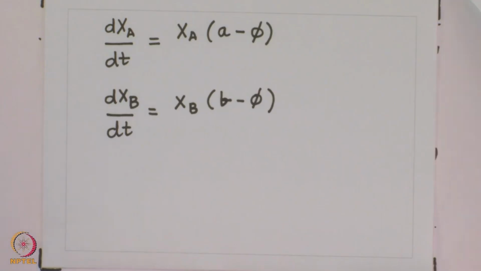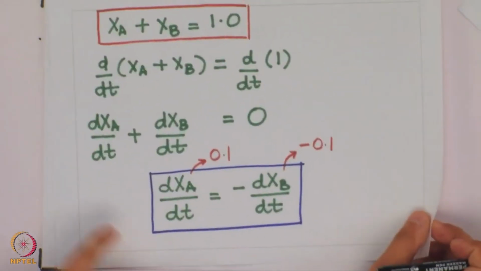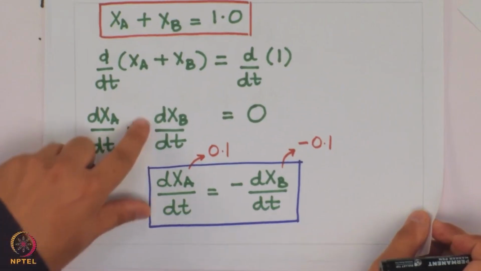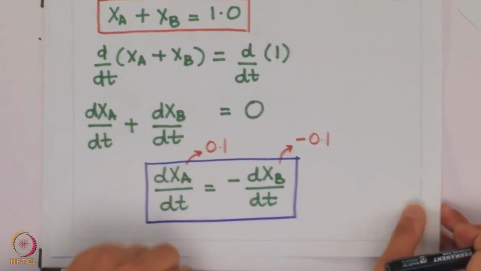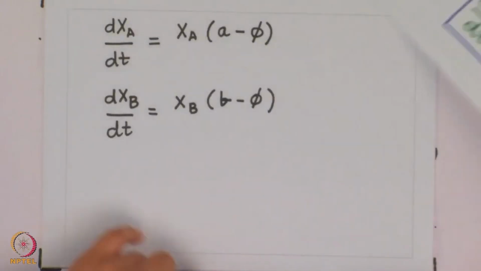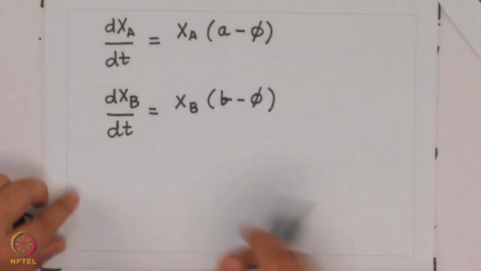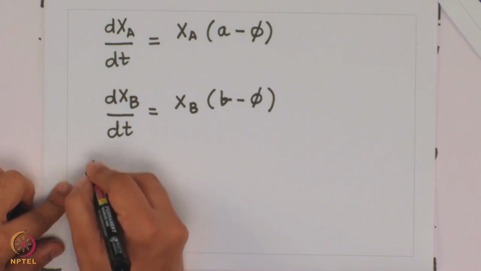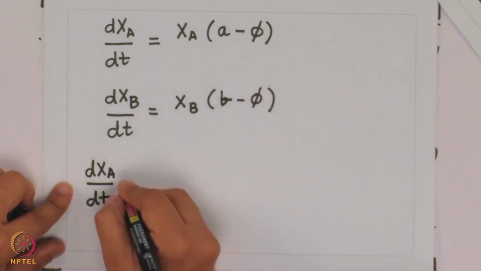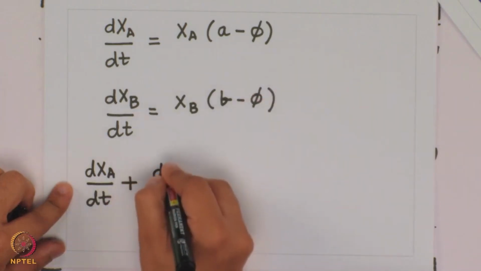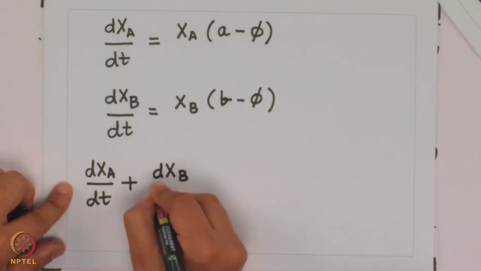Remember this result that we just obtained, that dxa by dt plus dxb by dt is equal to 0, and we are going to make use of this. In the model that we have, we are going to add the two. We know dxa by dt, we already have an expression for that, and to that we are going to add dxb by dt.